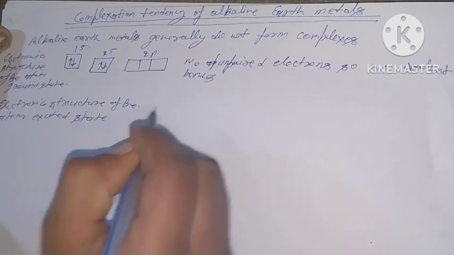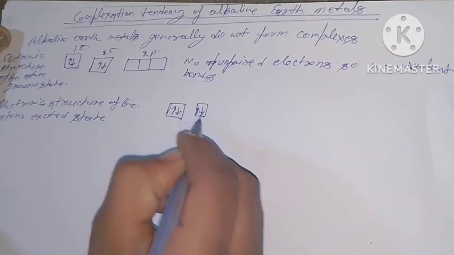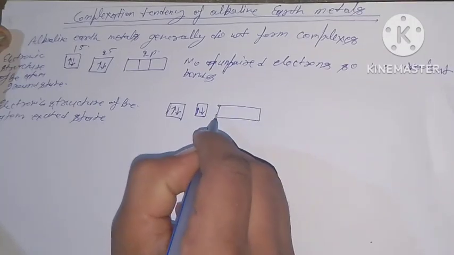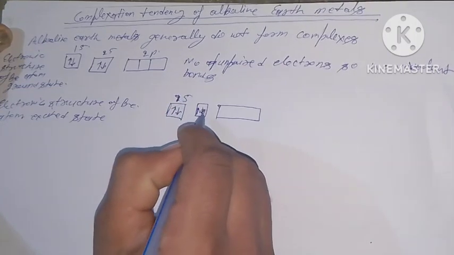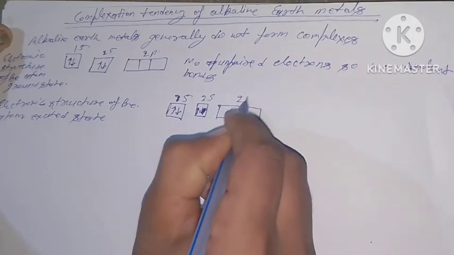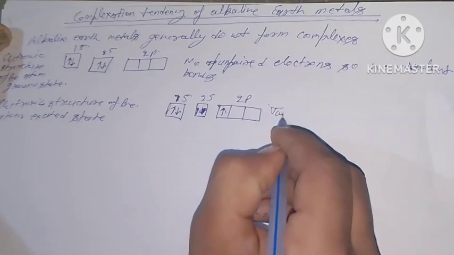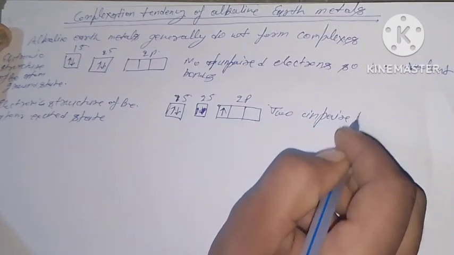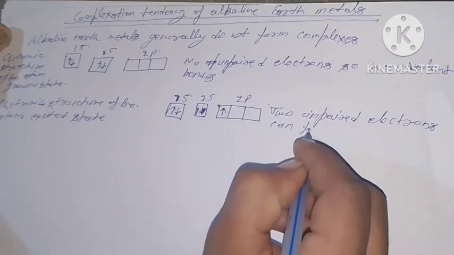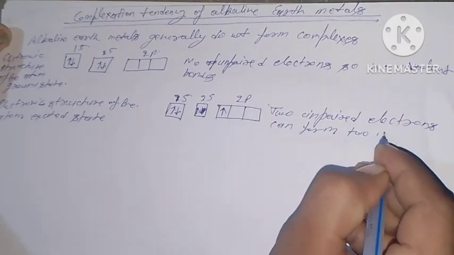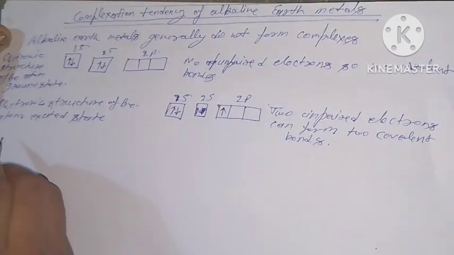That is 2s 1 electron, 2p 1 electron. Two unpaired electrons can form two covalent bonds.